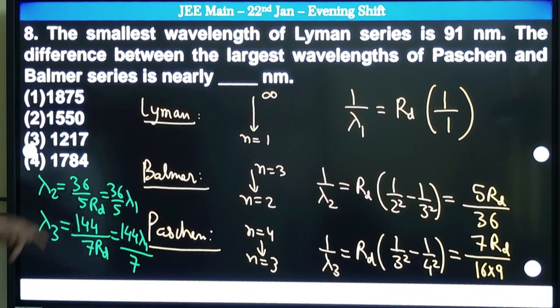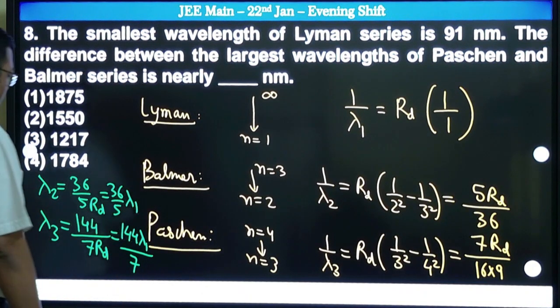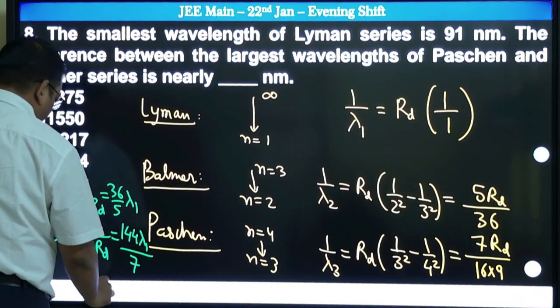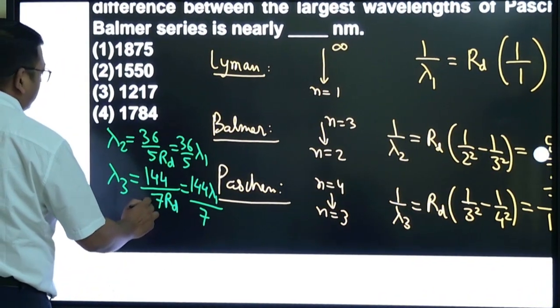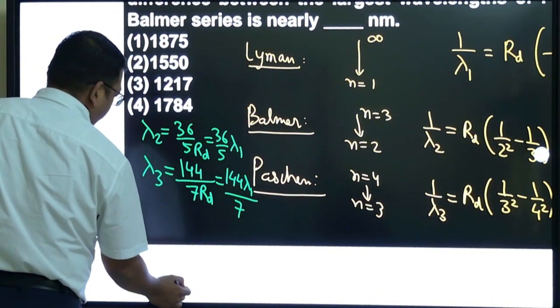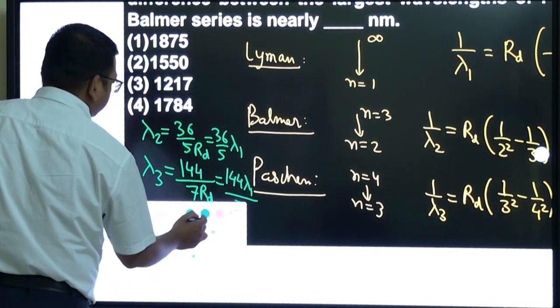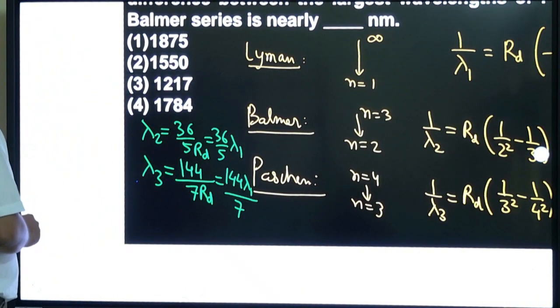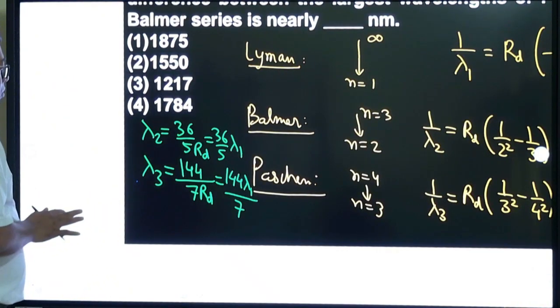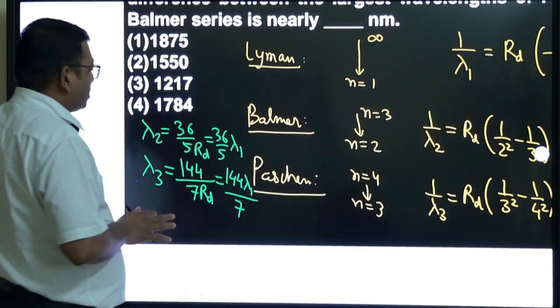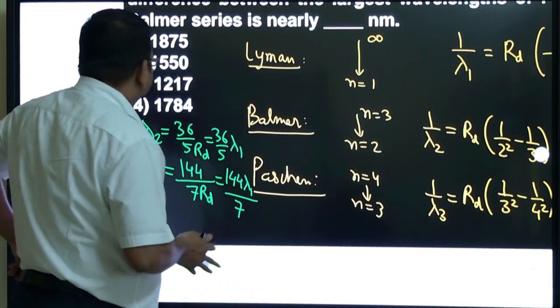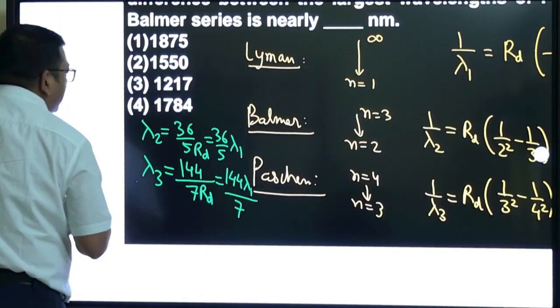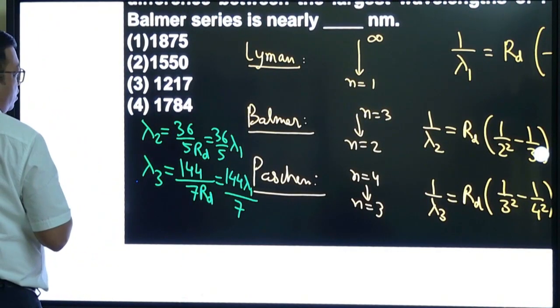Now you need to take the difference of these, so let us calculate. This is of course pure calculation, we cannot do anything about it. You need to subtract. What is lambda 2?